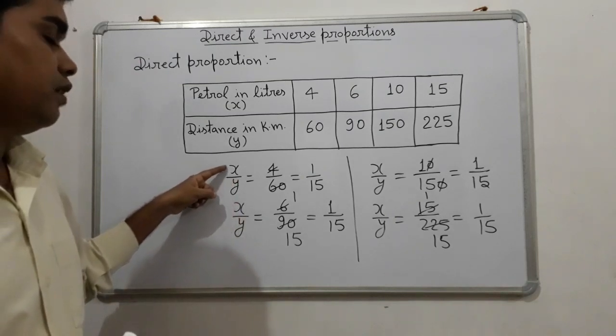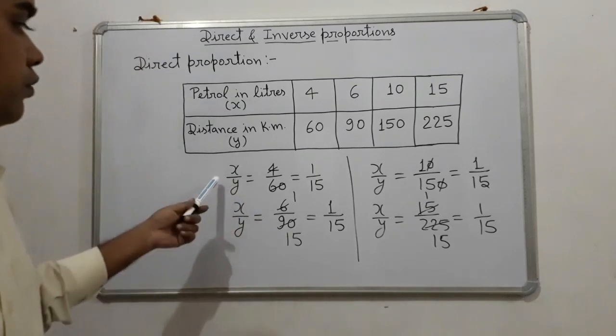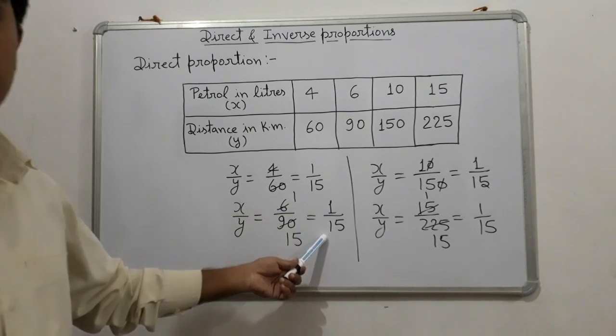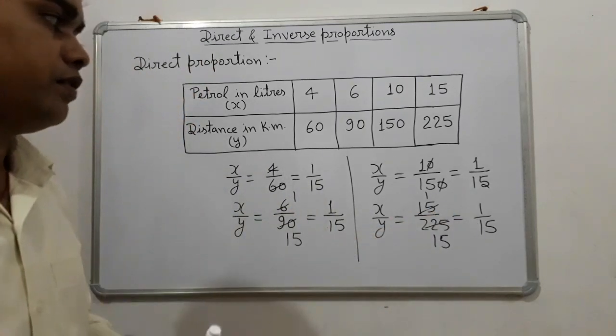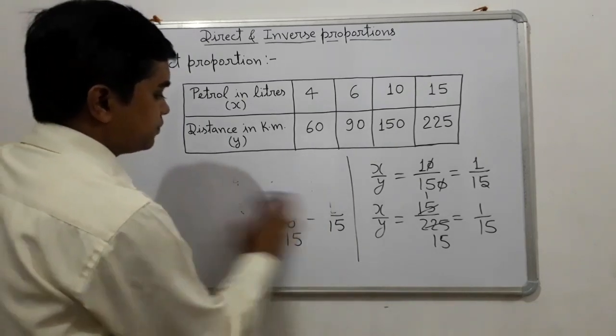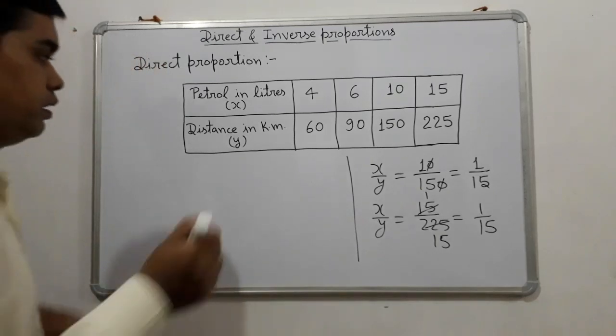We are seeing the value of x upon y is constant. It is 1 upon 15 in the first case, 1 upon 15 in the second case, 1 upon 15 in the third case, and 1 upon 15 in the fourth case. So here we can say the value of x upon y is constant.